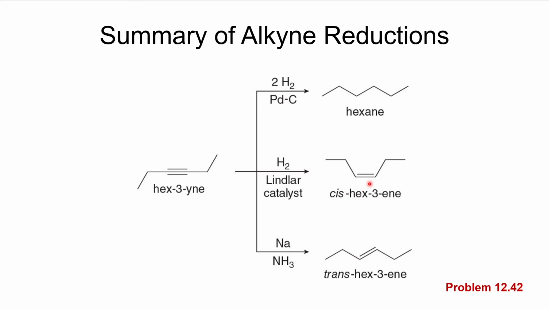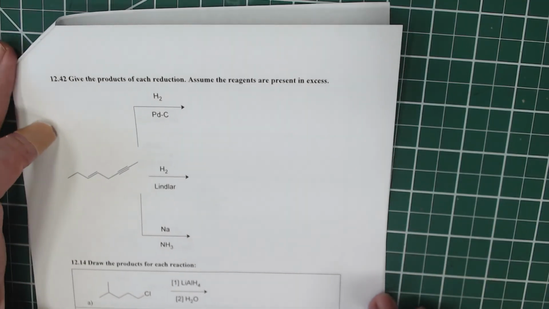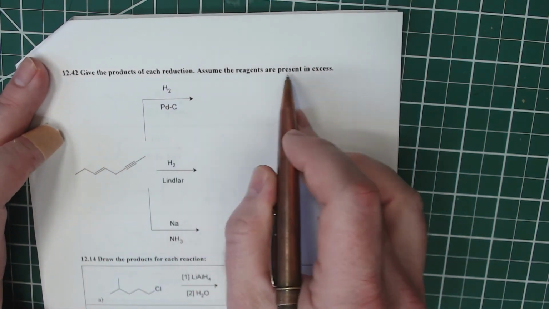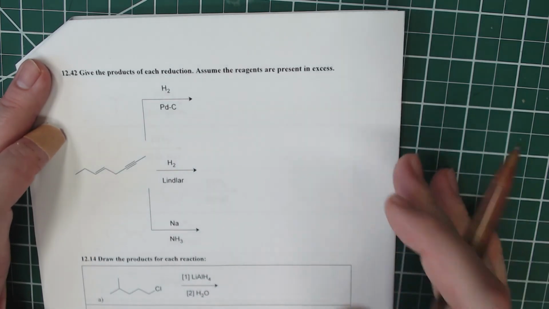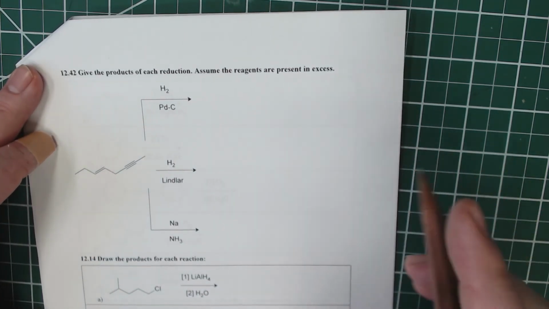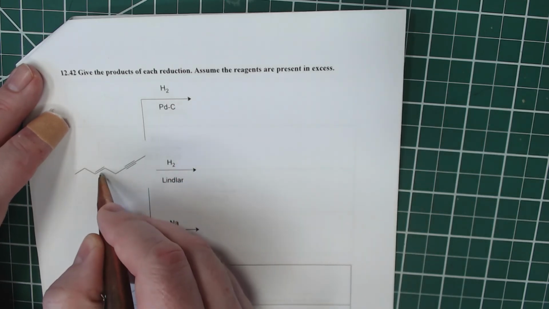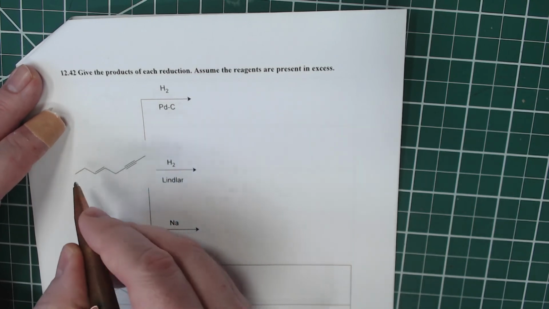So now we're going to go over to number 42 on the in-class assignment, and we are going to come up with our products for this. All right, so here, give the products of each reaction, assume the reagents are present in excess, meaning that we have plenty of hydrogen and that the catalyst is ready to go. Well, we know that hydrogen with palladium on carbon will reduce both alkenes and alkynes, so we really just need to figure out how many carbons are here.